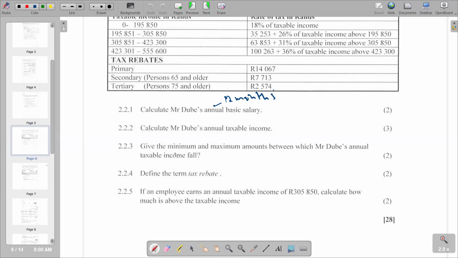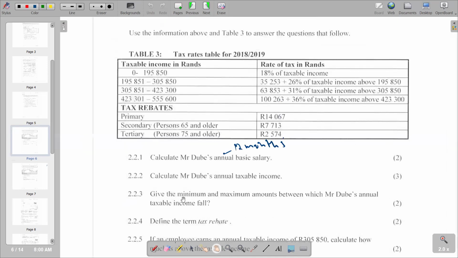So we are going to refer to the lower, which is the minimum of that band, of which we have got 305,850. Obviously, it's here where we've got 305,851 to 423,300. So it's just below this, so it comes to 305,850.